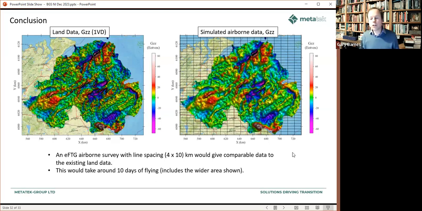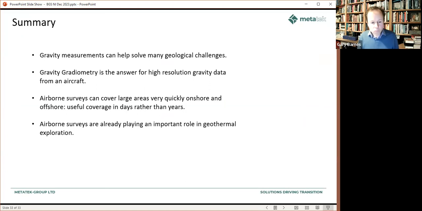So it really goes to show how efficient some of these airborne surveys can be, in the sense that they can cover these areas very, very quickly, certainly relative to the long durations, the many months and years of land gravity campaigns that have gone into building up this compilation of gravity stations.